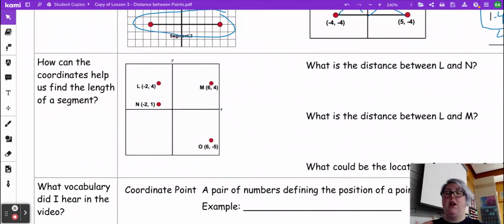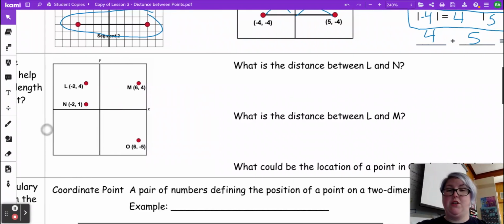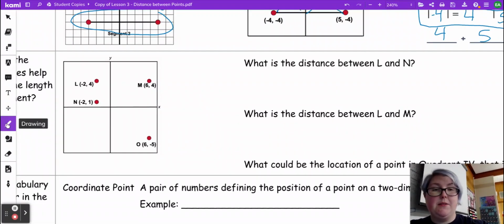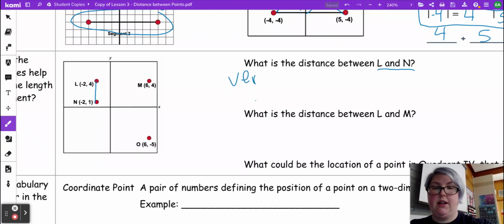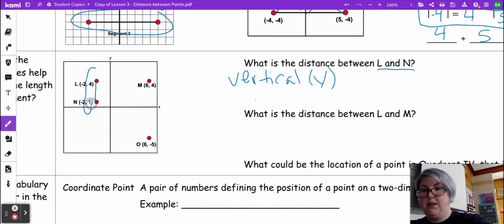All right, so we have points L, N, M, and O, and we have a question before us. What is the distance between L and N? Number 1, draw a line connecting the two. Does it have to be perfect? No. So L and N have a vertical line, which means we are going to look at our y because our x will be the same.